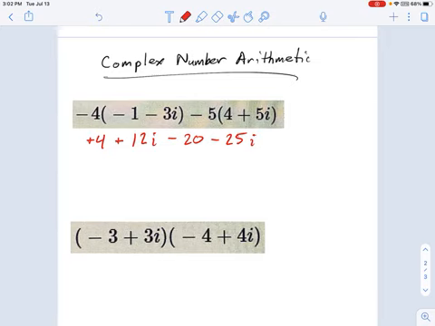We can still simplify this by combining like terms. 4 minus 20, right? That's the first thing we're going to combine. That's negative 16. And 12i and 25i, those are both imaginary terms. So we're going to combine those. And we get minus 13i. So here's our complex number. It has a real part of negative 16 and an imaginary part of negative 13. It's negative 16 minus 13i. That's how we would say it.